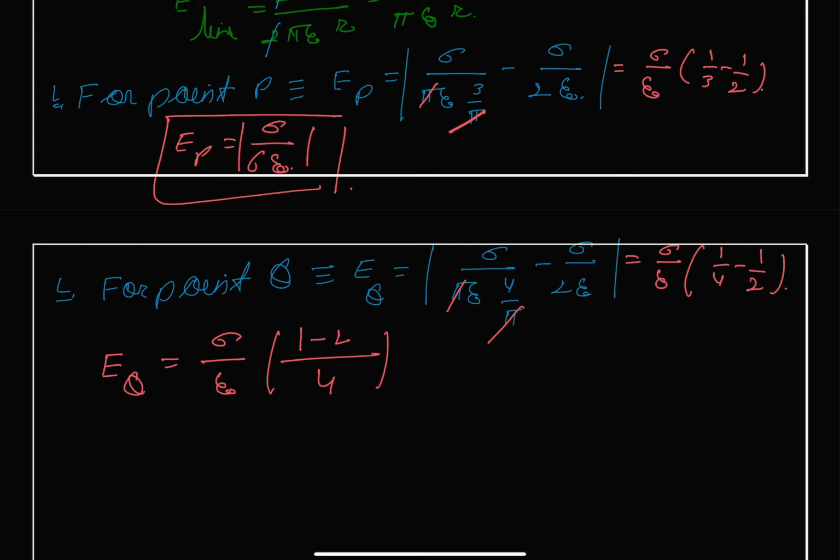From here we can say E of Q magnitude wise we get this as sigma upon 4 epsilon naught.